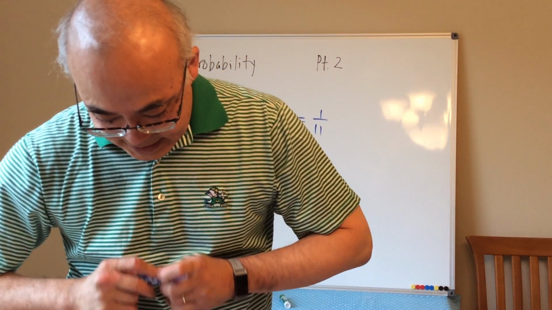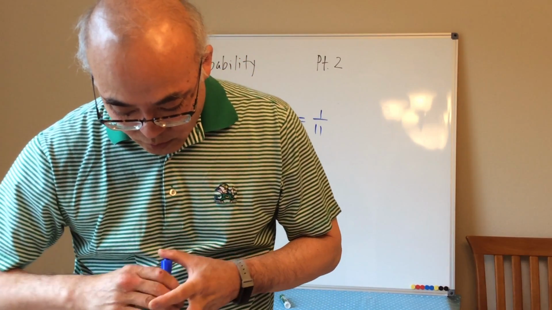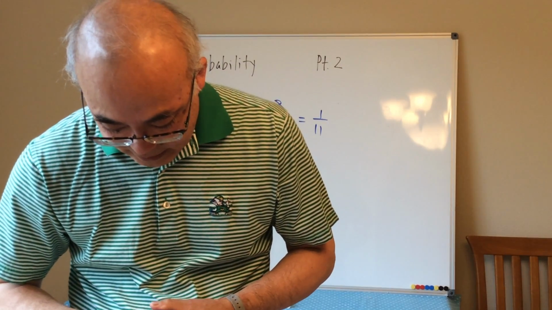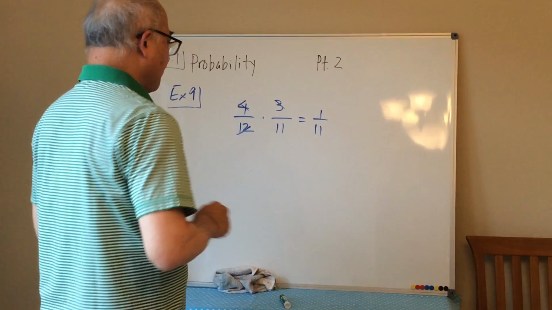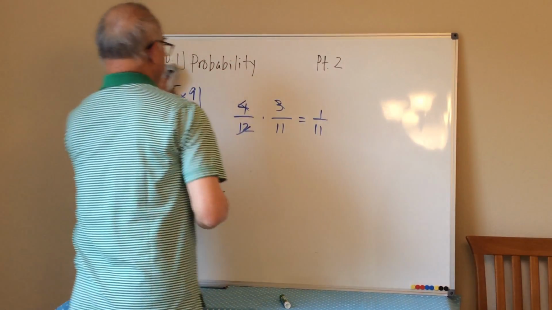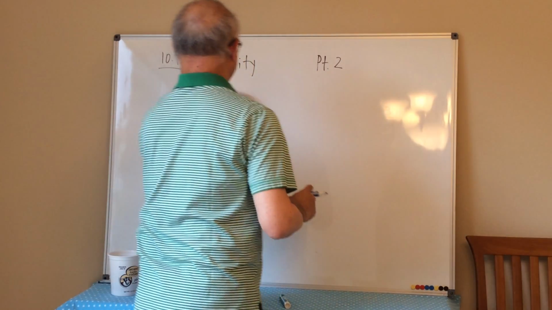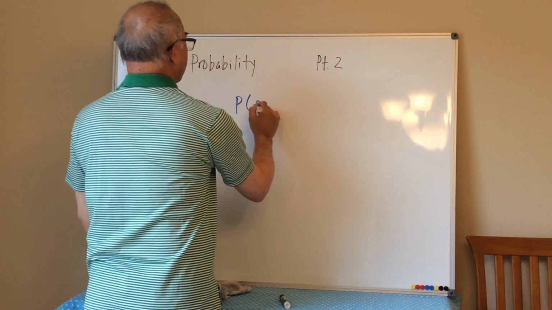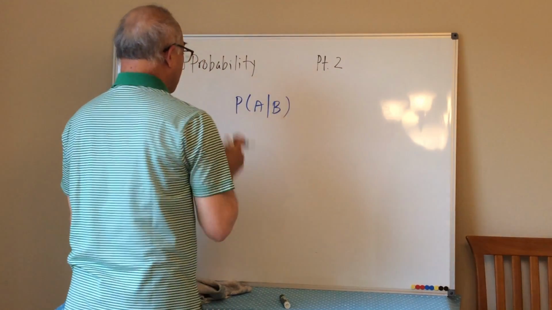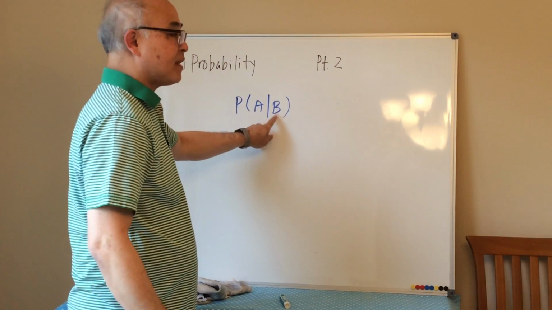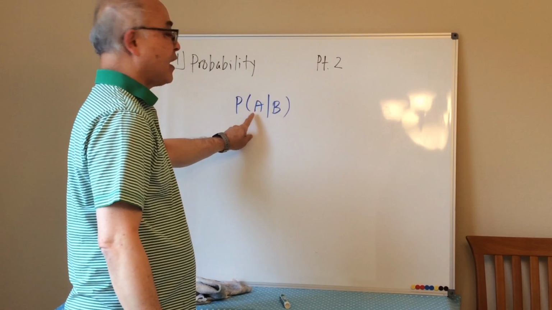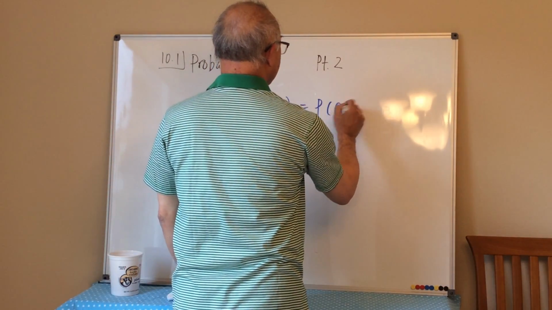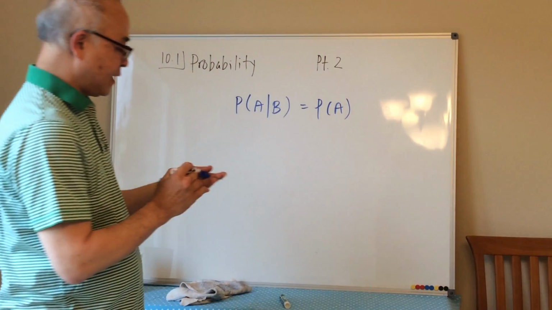So on page 685, there are what we call independent events. Okay, independent events are where, if I have a probability of A happening given that B has already happened, what is the probability that A happens? And if this is the same as just P of A, that means what?